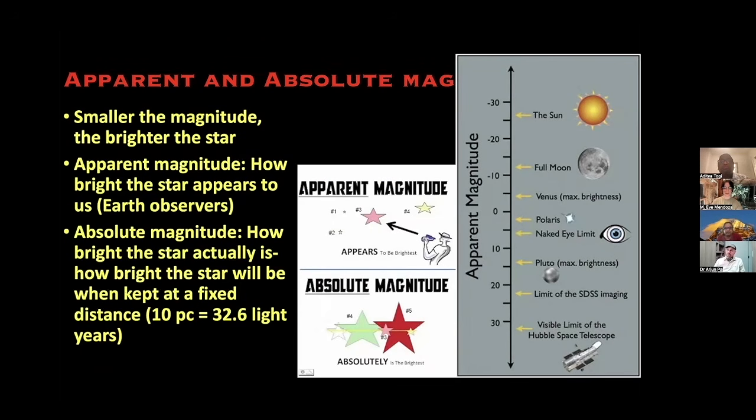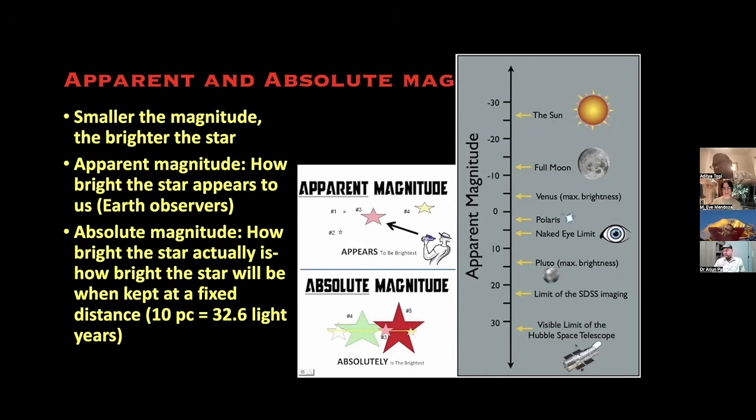The third property is apparent and absolute magnitude. Now, a star can be very bright, but it can be very far. So you will think that the brightest star is the dimmest because of its distance. So there are two magnitudes given. In astronomy, when a star has a smaller magnitude, it is brighter.